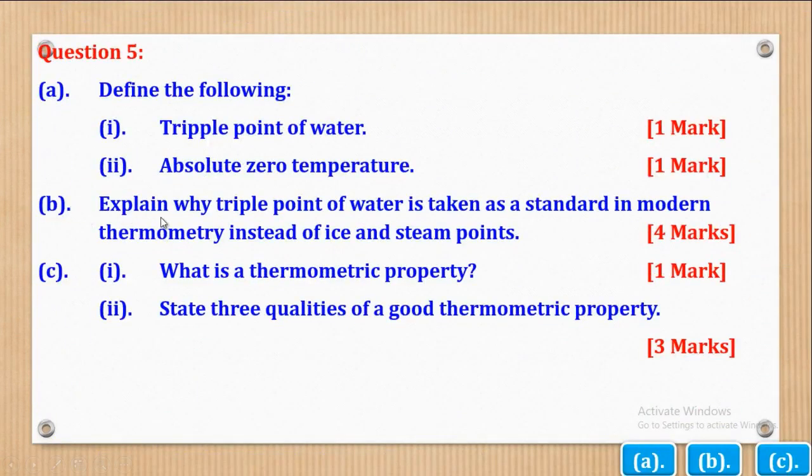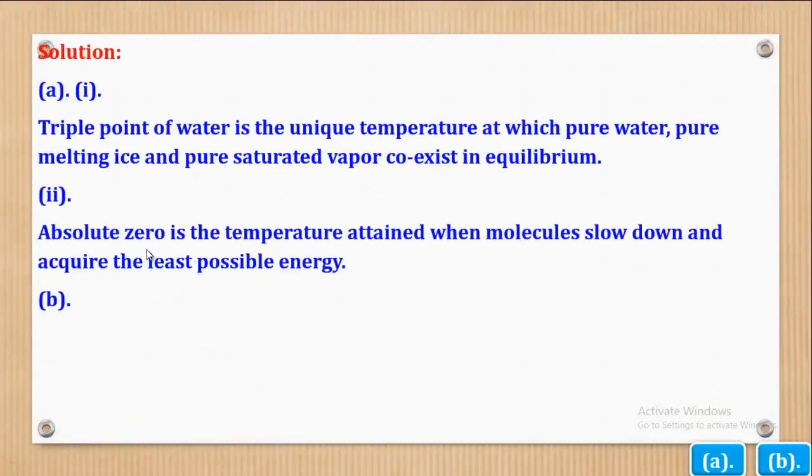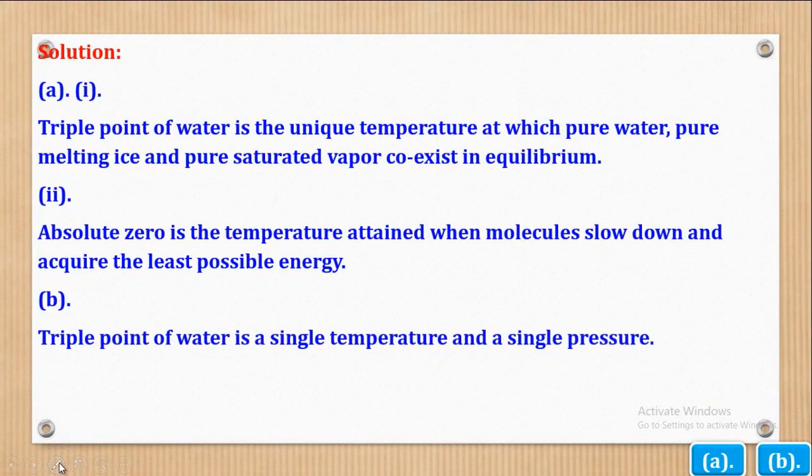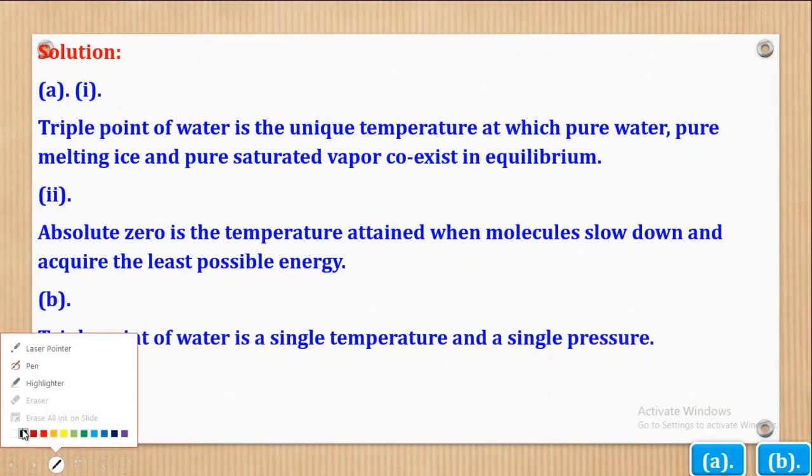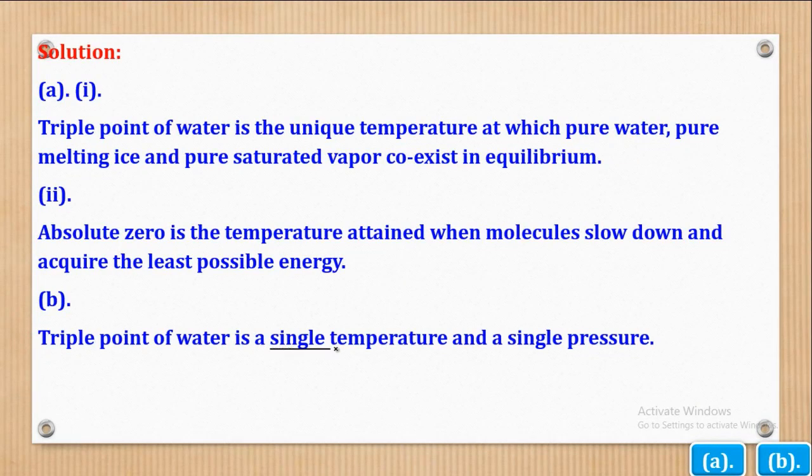Part B says explain why the triple point of water is taken as a standard in modern thermometry instead of ice and steam points. So you come and say that the triple point of water is a single temperature and a single pressure.